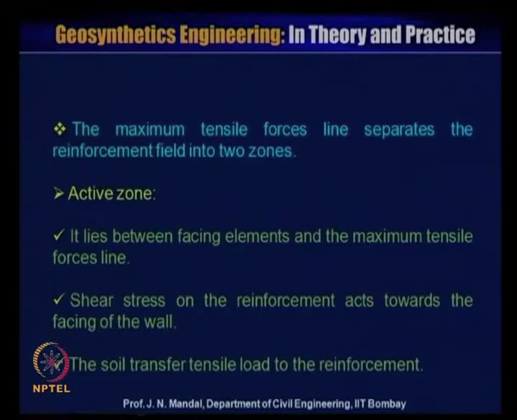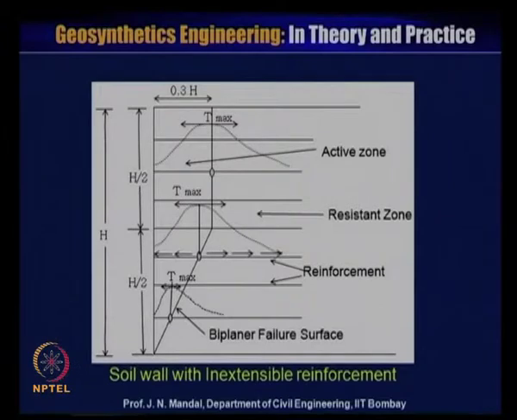For example, this is the soil wall with inextensible reinforcement. There are two types of reinforcement. One is the inextensible reinforcement. That means it is a metallic strip.